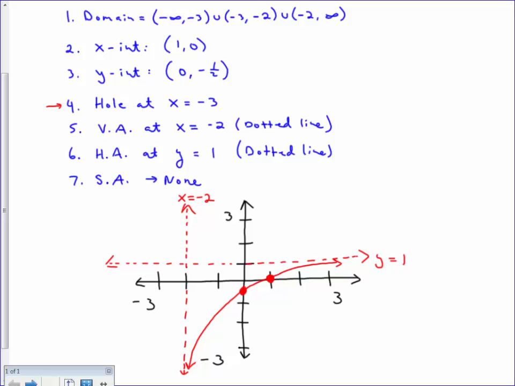Now, we cannot have a graph in this region, and the reason is that we know we don't have any more x-intercepts, and so if we had a graph in this lower left region, then we would be forced at some point to cross that axis because we'd need to be drawn towards this asymptote. So there cannot be a graph down in that portion. That being the case, then we know that the graph on the left-hand side is up in the upper portion.